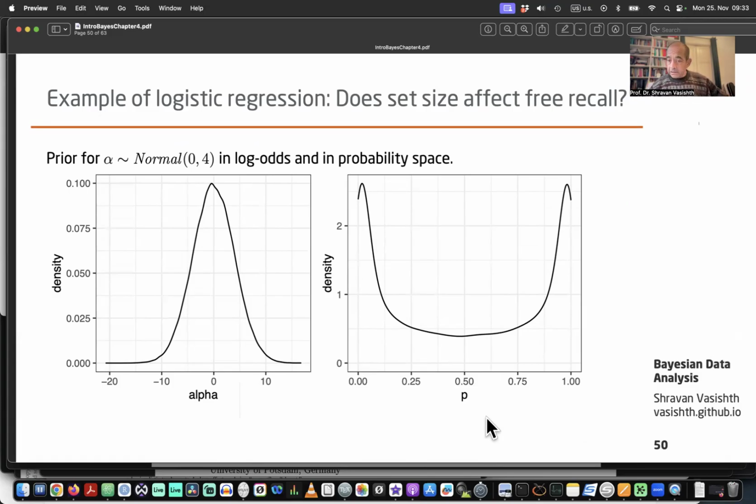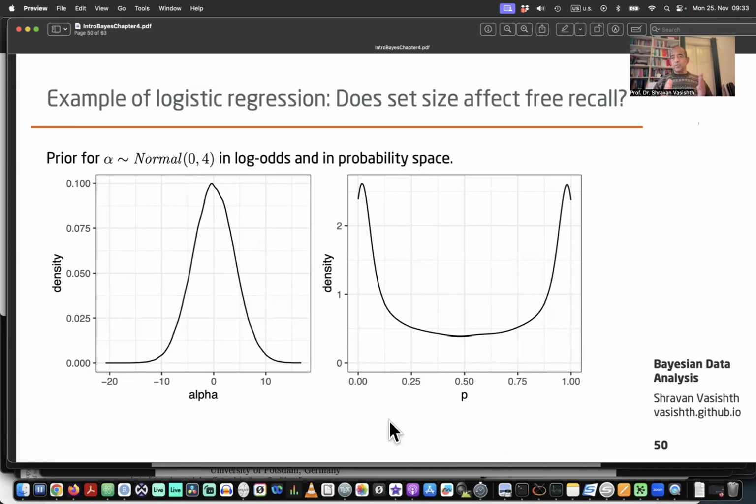And what you see is something very peculiar. What looks like a reasonable prior in log odds space, normal(0, 4), looks really weird in probability space. It's like a horseshoe type of prior with high probability mass on 0 and 1 and low probability mass elsewhere. That usually will not make sense in a modeling situation.